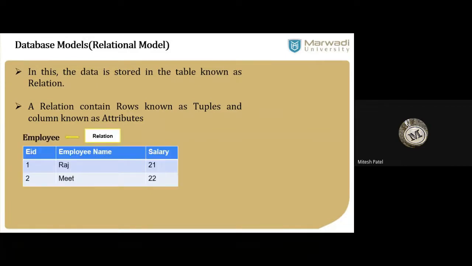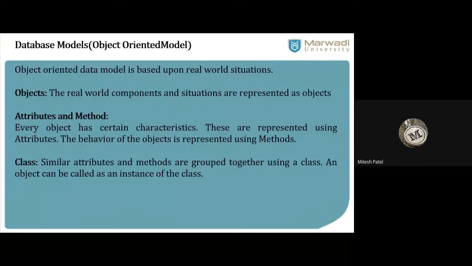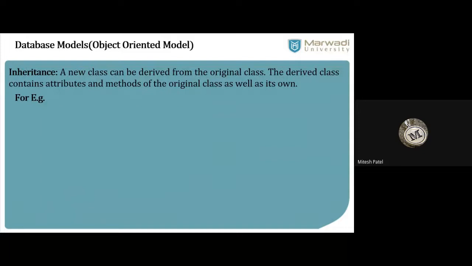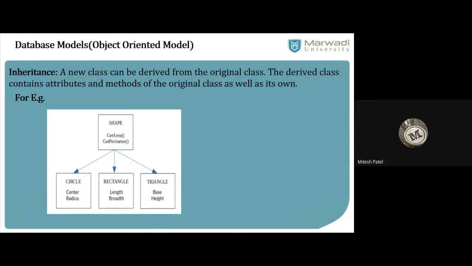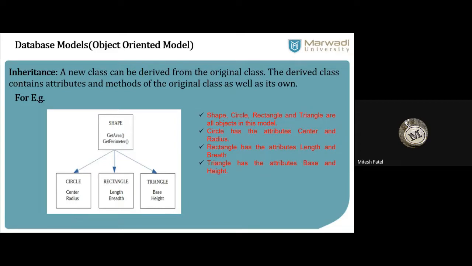Relational model: rows and columns. Column means attributes, row means tuples or records, and the table name is the relation. Next we have seen object oriented inheritance. Superclass properties can be derived into a subclass, that is inheritance.